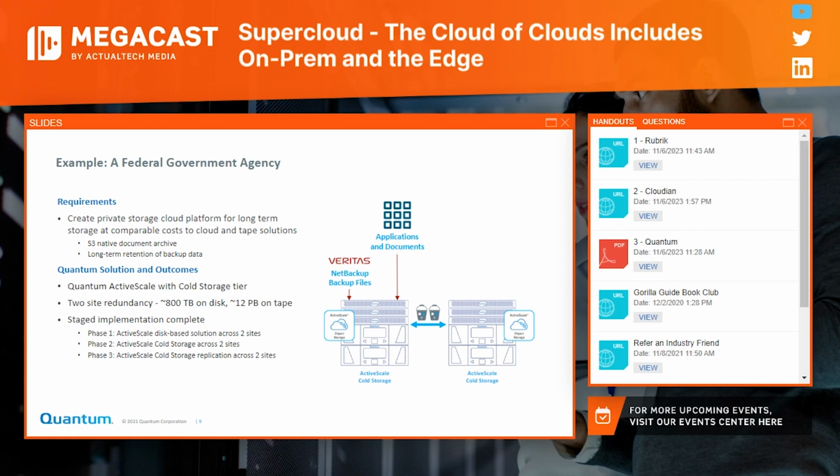They've built this as a dual redundant solution across two sites, in which each site backs up or replicates the other site. And so they have a very highly available, disaster-tolerant solution, but it comes in at very interesting low cost by virtue of the mix of both disk and tape within the system.